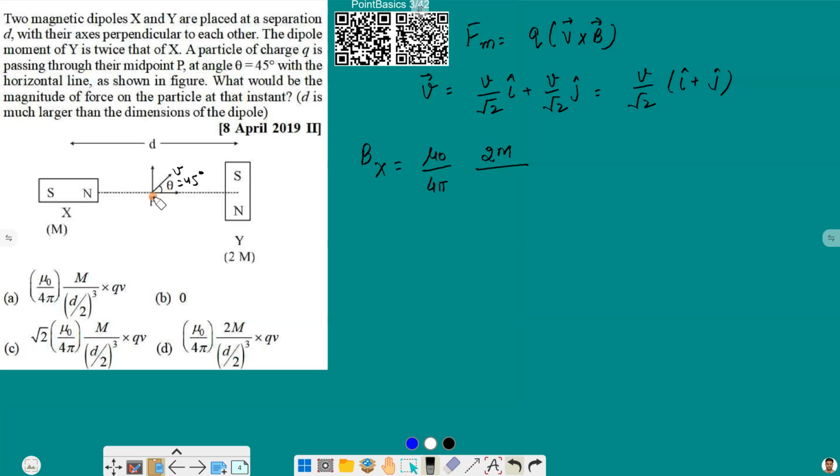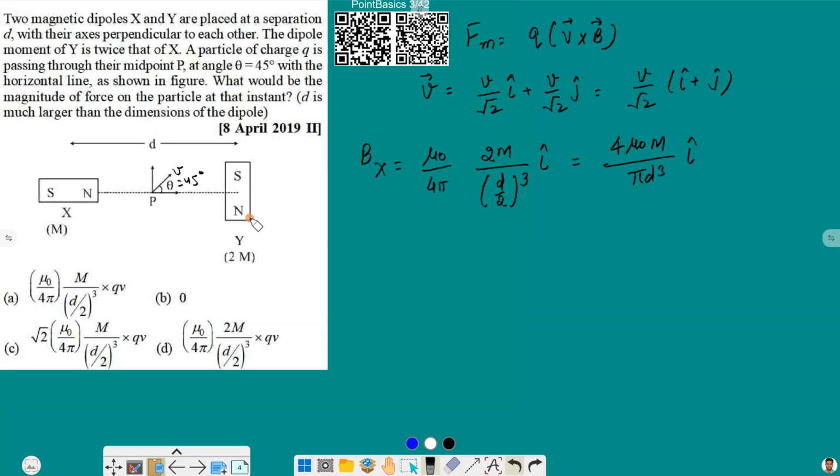As point P is the midpoint, this will be d by 2 cubed, and the direction is i. d by 2 cubed will be d cubed by 8, and we get 16 here, and 16 by 4 is 4. So it is 4 mu naught m divided by pi d cubed, along i.